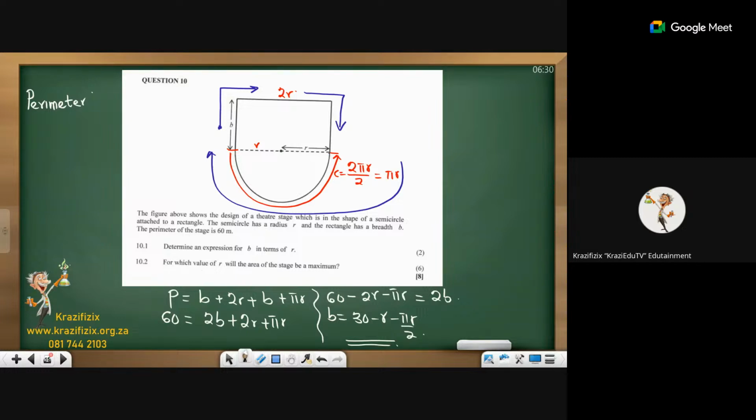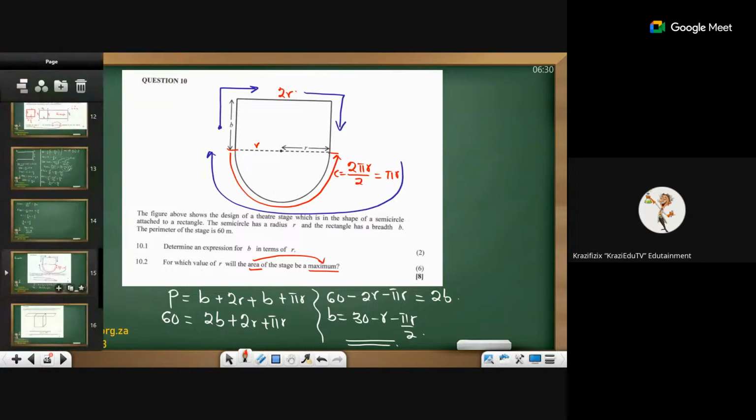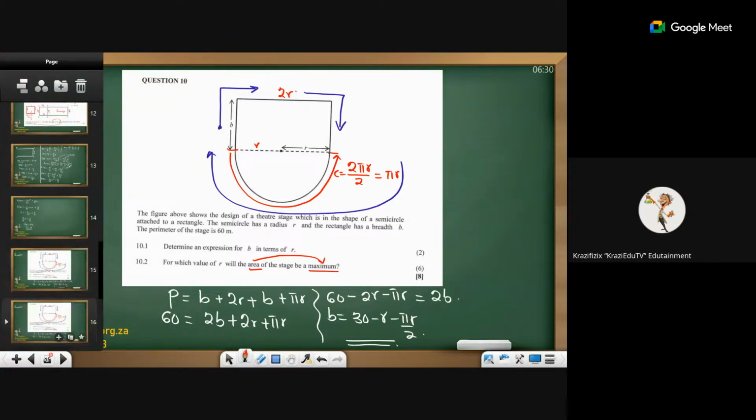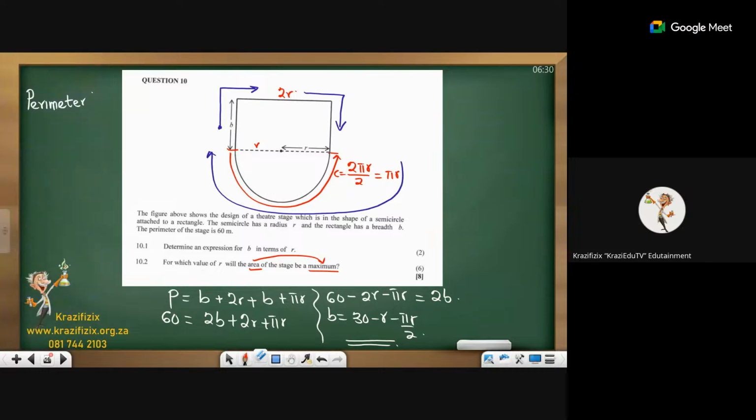Find the value of R for which, check again, for which the area of the stage is a maximum. Guys, read carefully: the area of the stage. It is the area of the rectangle plus the area of half the circle.